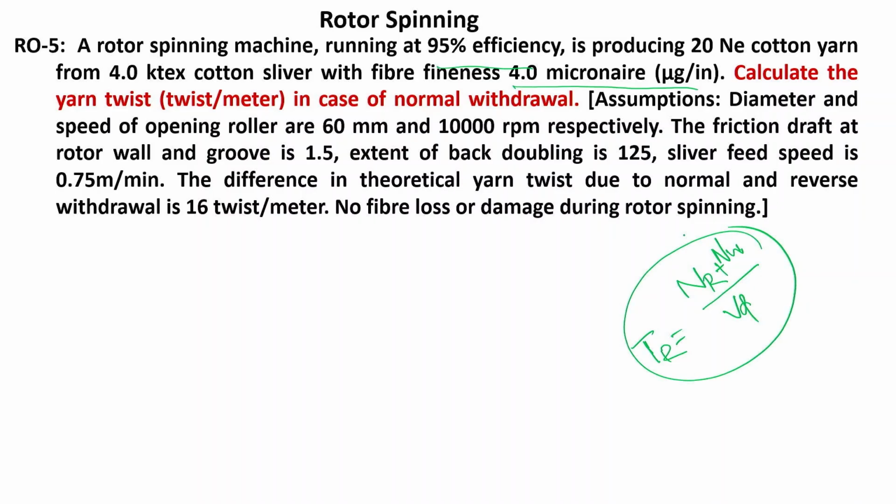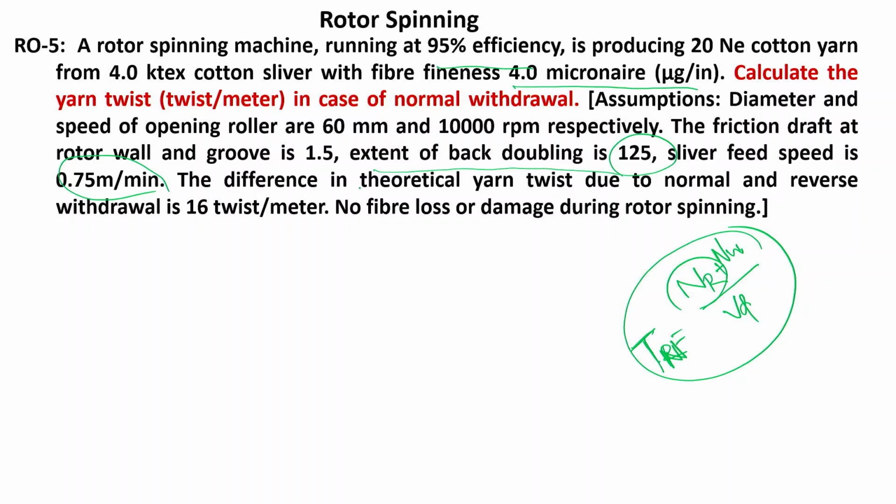Now, here let us see, we have to calculate the normal twist, T normal. Here we need the rotor RPM. The opening roller diameter and speed are given, friction draft is given, and extent of back doubling is given as 125, sliver speed is given 0.75.